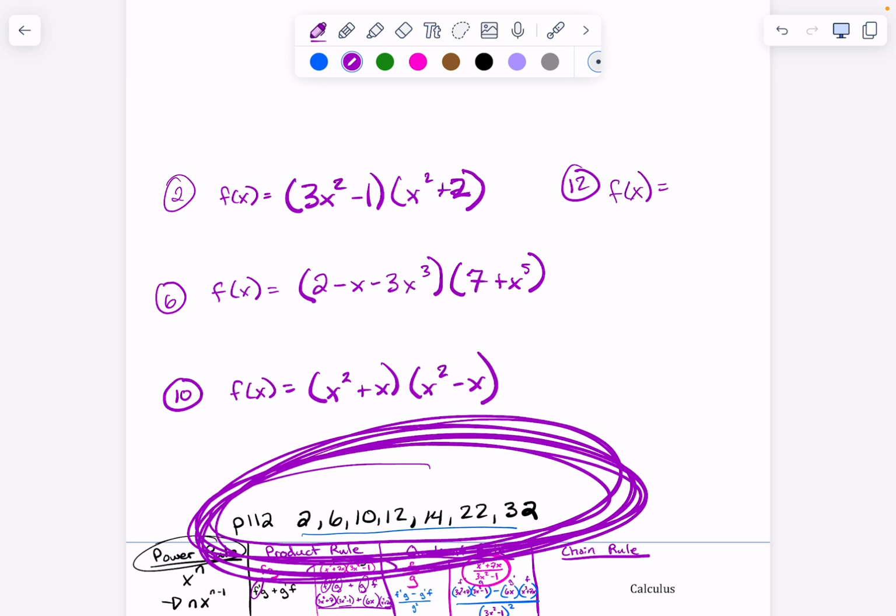TikToks are getting banned. It's dangerous to scroll TikTok in class now. Put your stuff away.